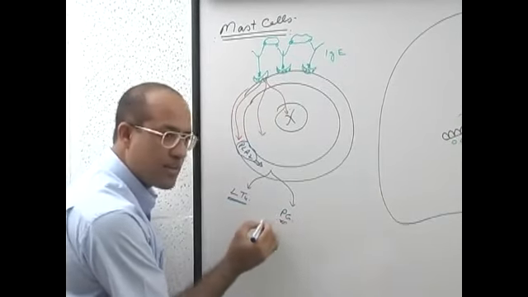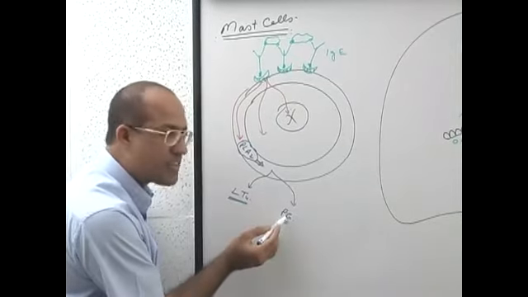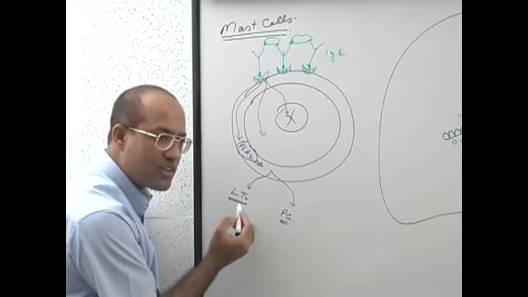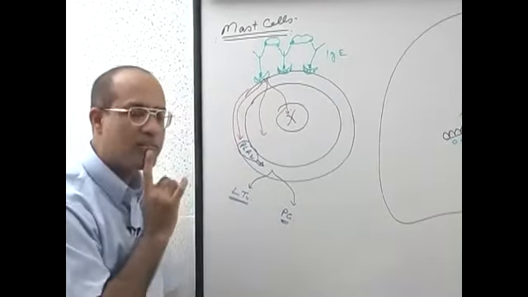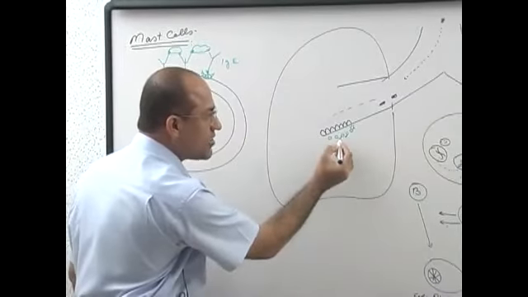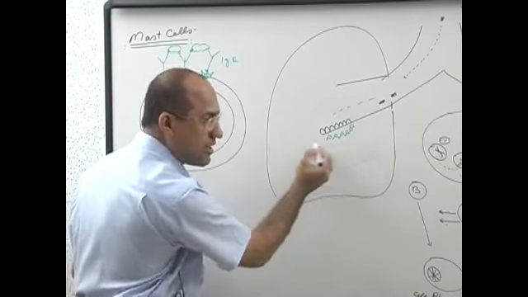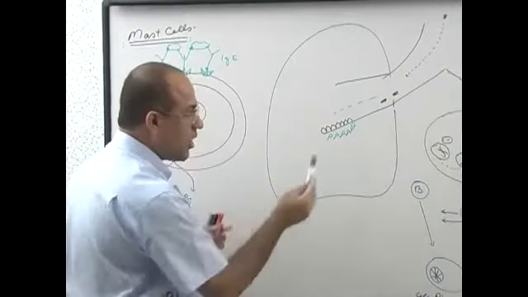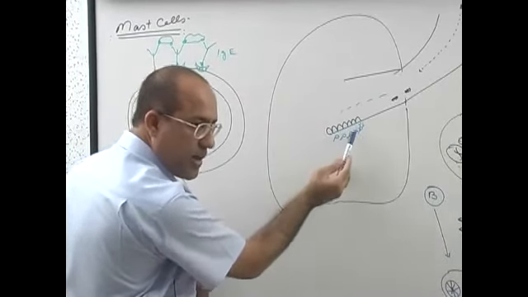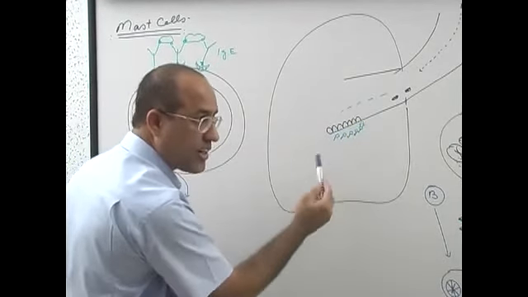Have you heard of them? Prostaglandins are coming from the cell membrane. Leukotrienes are also coming from cell membranes. So in this area, a lot of prostaglandins and leukotrienes are released.